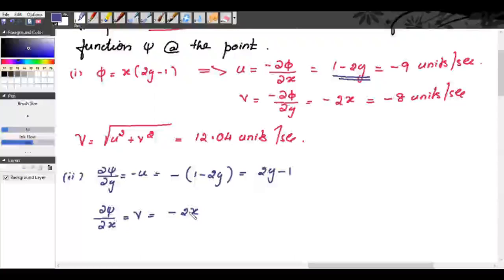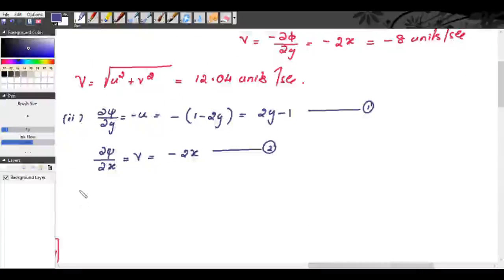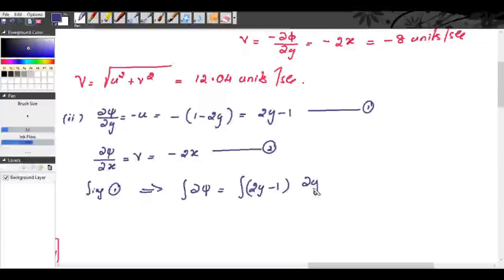Now in order to find psi, we will integrate. So we will take this as equation number 1, this as equation number 2. Now we will integrate equation 1. Integrating equation 1, we get integration of dou psi is equal to integration of 2y minus 1 into dou y.